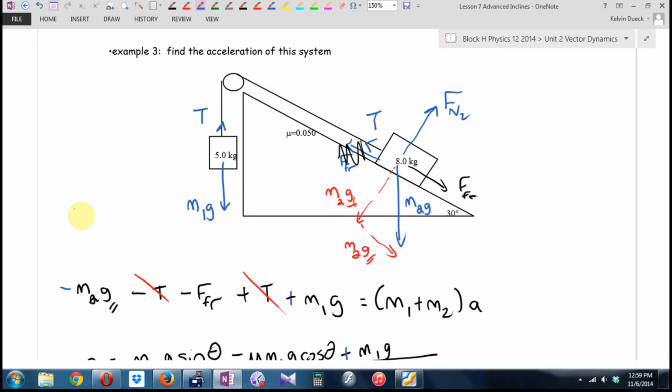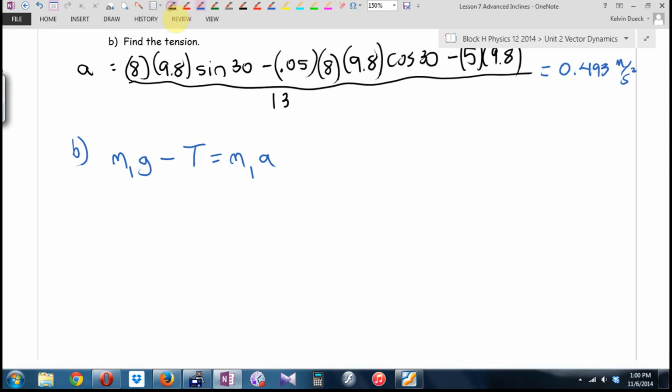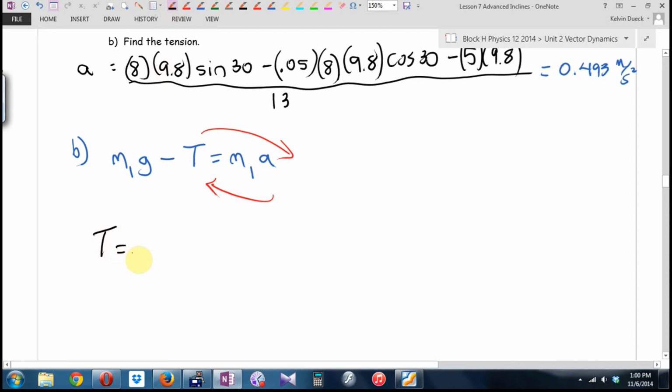Okay? What would my equation be? Winner minus loser equals M1A. How would I get the T by itself? I get tension is going to be M1G minus M1A. I can deal with that.